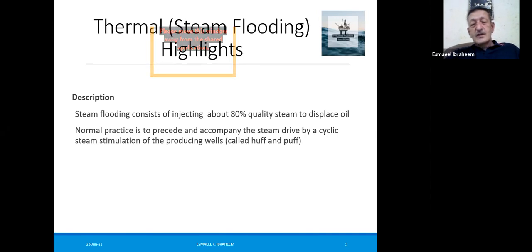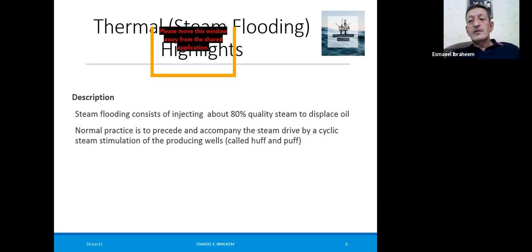This operation is called huff and puff. In the same well we huff, injecting steam, and the same well is then opened to production. This is the puff, which produces what the steam can cover.